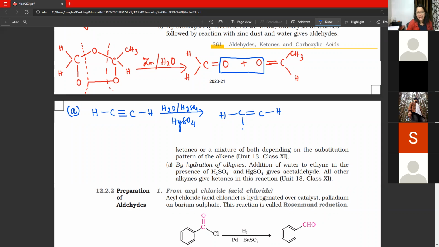With that, H and OH is going to attach. This is called enol. There is a double bond as well as there is an alcohol. So common name of such type of compounds is enol.